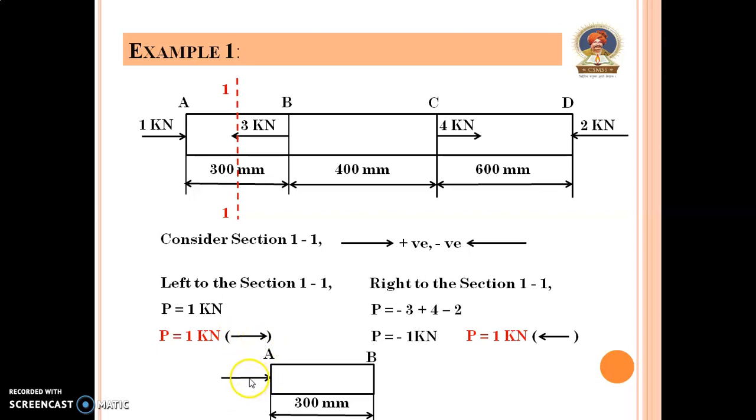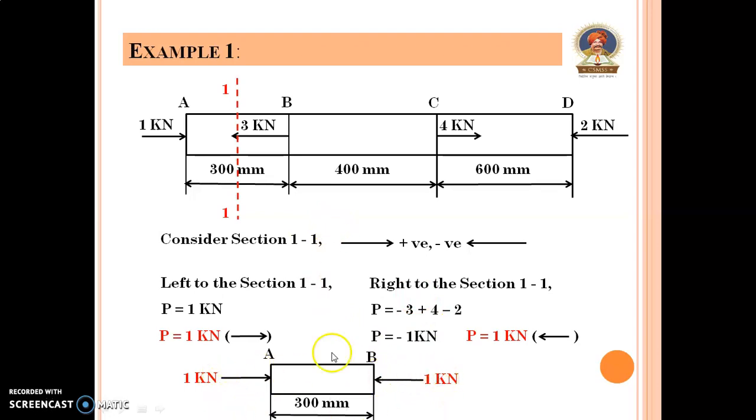Now for the right section of that portion, this force P is moved towards the left side, and the value of that force is 1 kilonewton.